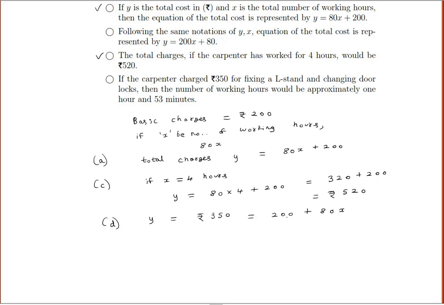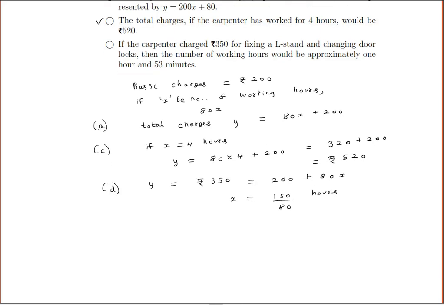So we solve for x, and we get the number of hours the carpenter worked for fixing the L stand and changing door locks. So we get x to be 150 by 80 hours. We can reduce it to 1 plus 70 by 80 hours.